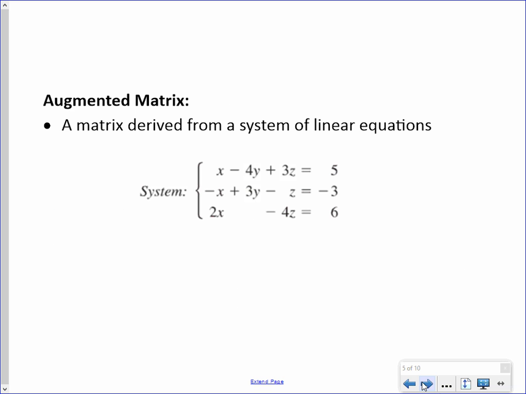Okay, this is new to you from Algebra 2. So if you haven't seen matrices other than Algebra 2, you probably haven't necessarily talked about augmented matrices. So I would write this down and the example on this one.